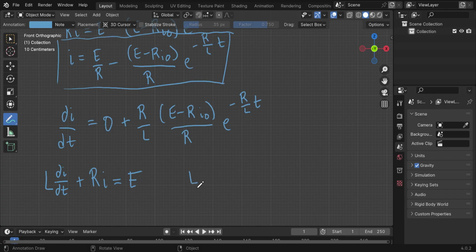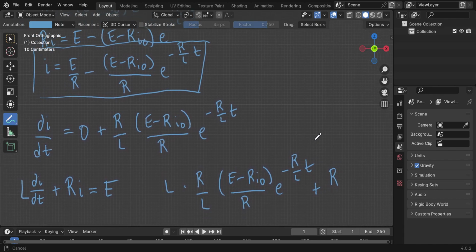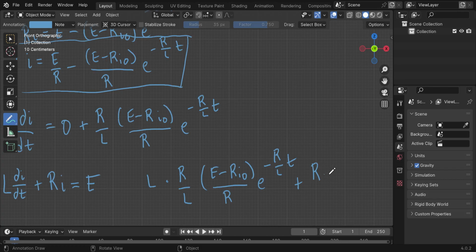We get L times di/dt, which is this guy, so we get L times R over L times E minus R I0 over R e to the negative R over L t, and then plus R times I. See if I can fit everything in.